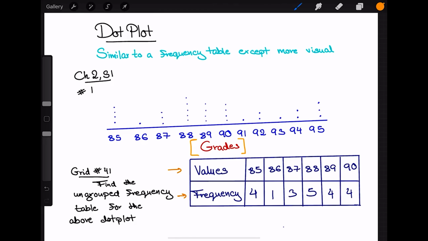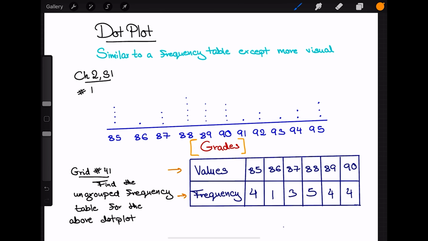They may also ask you to convert a dot plot into a frequency table, such as this one here. Grid question 41 does ask this, except with a different set of points.